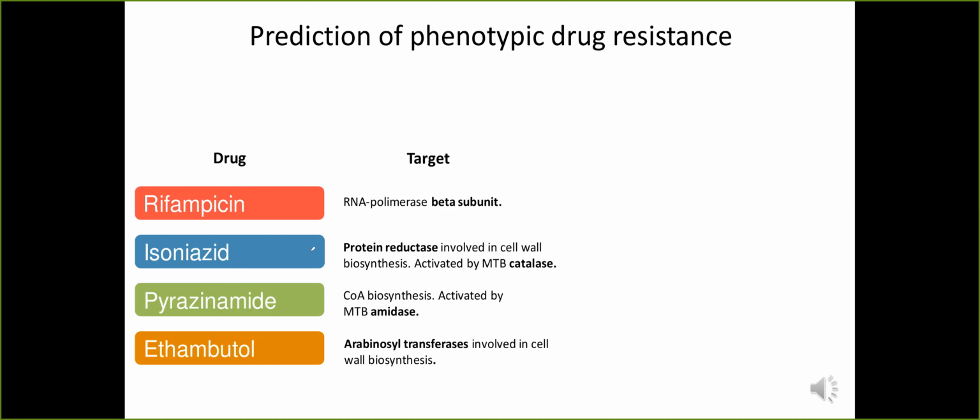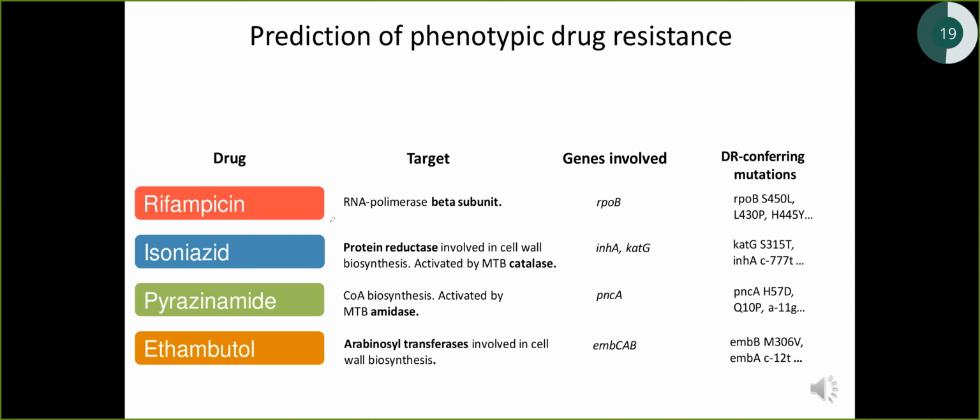And this happens for all drugs. So basically, they target essential functions. And these functions or structures of the cell are encoded by genes, right? And these genes might have some mutations that happen through evolution.